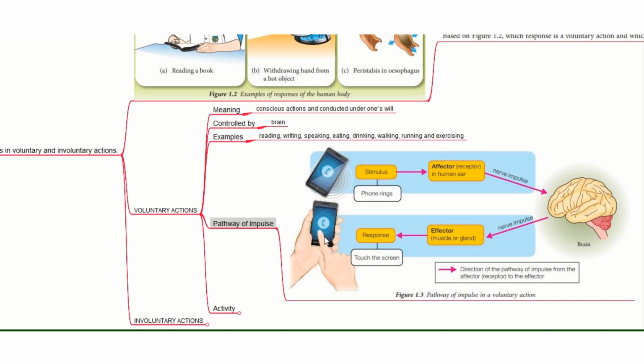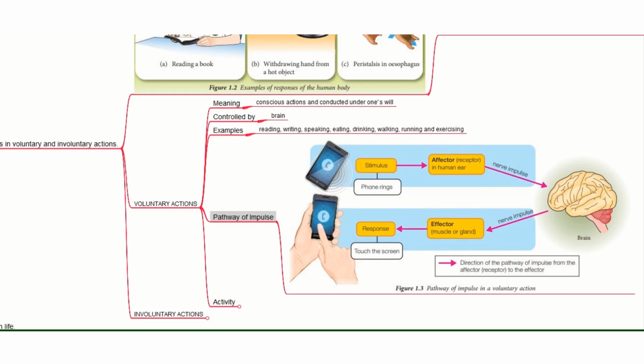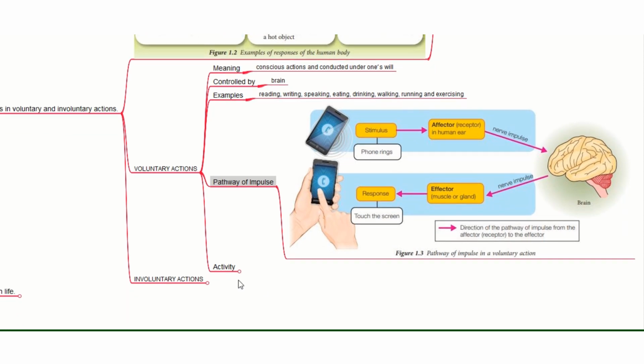The finger touches the screen. That's the pathway of impulse for the voluntary action. What is the activity for the voluntary actions?